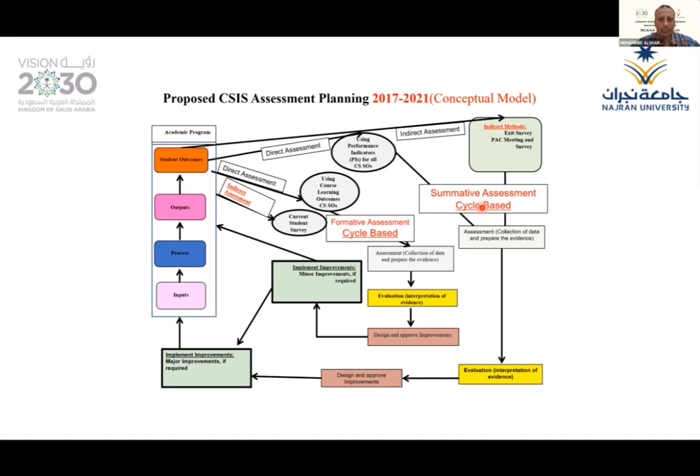Please, Dr. Mohammed. Yeah, just what I understood from Dr. Anwar's question, he said, why do we repeat the second cycle? We have done the first cycle and then we start the second cycle. Why? I think that, Dr. Anwar, if I'm correct, from the first cycle we got some results, and then I think in 2018 we started to modify our PLOs, like for CS and IS.